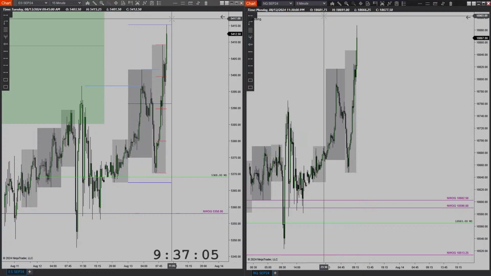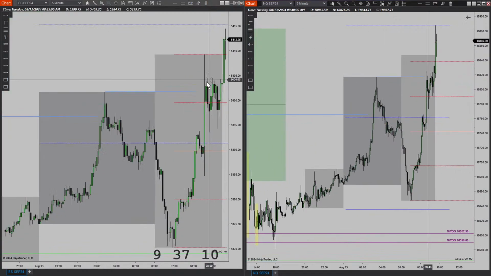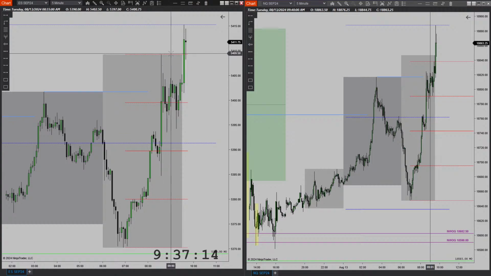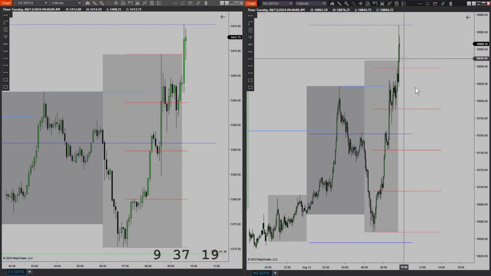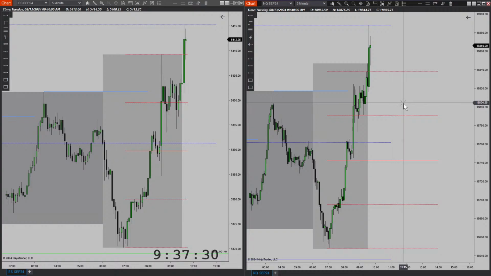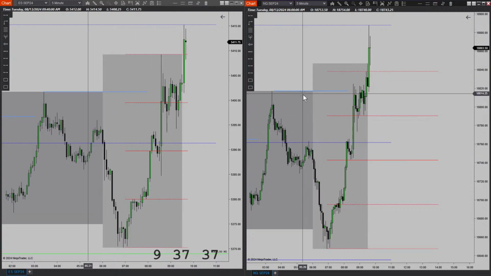Let's take a look at the 5-minute once again. See what price is doing there. Okay, well, we got displacement higher. This could be just, what's that word? This could just be capitulation, because it is a rather aggressive thrust up there.